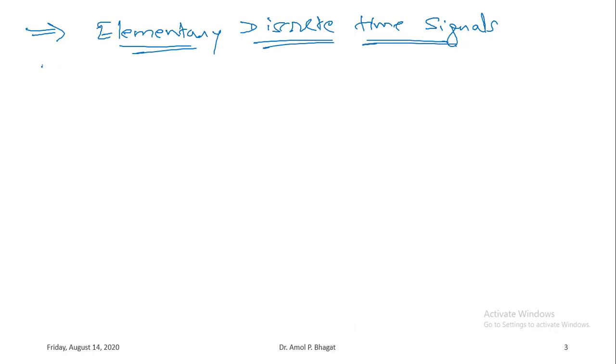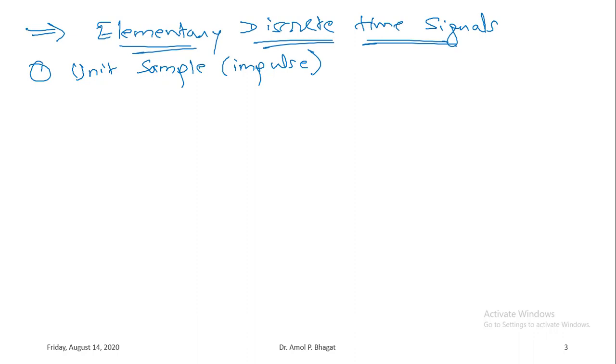Okay, so first one is the unit sample signal. This unit sample is also called unit impulse signal.